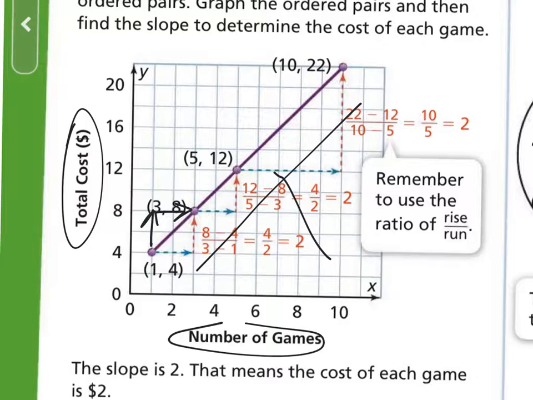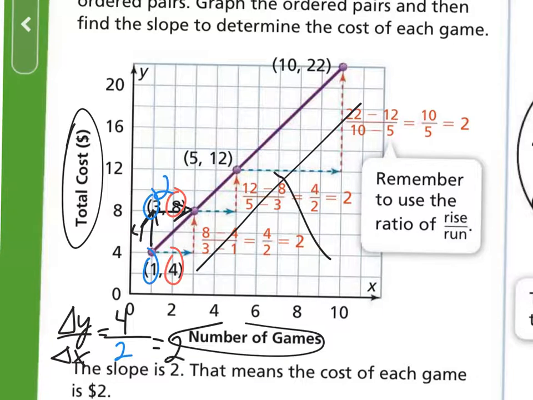So if we went from (1, 4) to (3, 8), change in y over change in x, our y value went from 4 to 8, so it went up by 4. Our x value went from 1 to 3, so it went up by 2. And if we do 4 divided by 2, that's $2 per game.